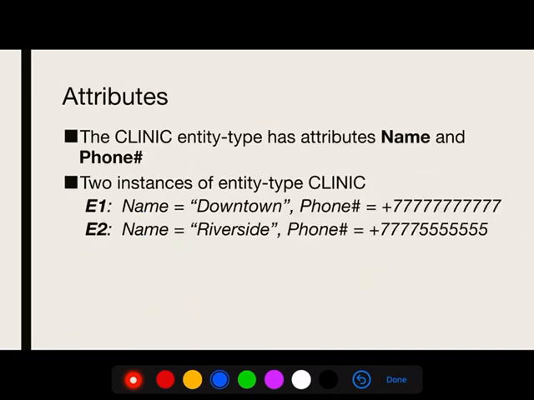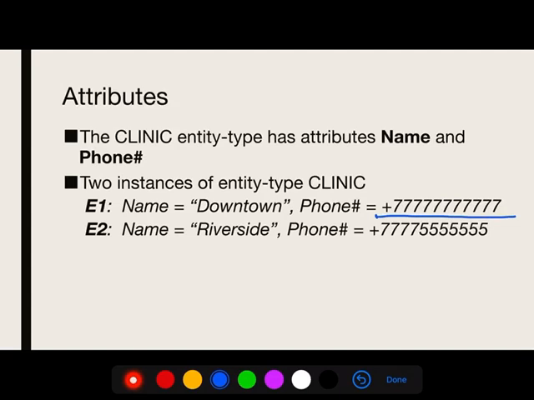So again, an attribute, and in particular simple attribute, is like this. So we can say the clinic entity type has the attributes, simple attributes, name and phone number. And we have two instances of this entity type, clinic. So clinic 1 has the name downtown and the phone number, this phone number.